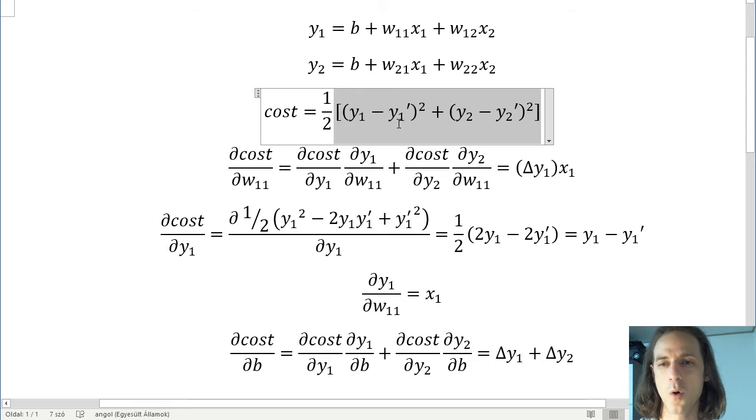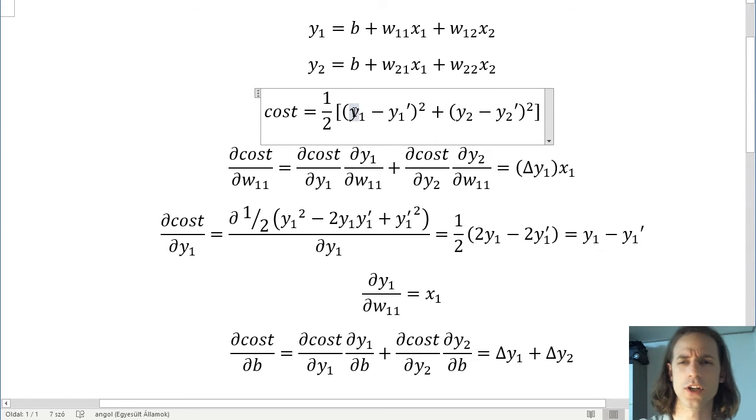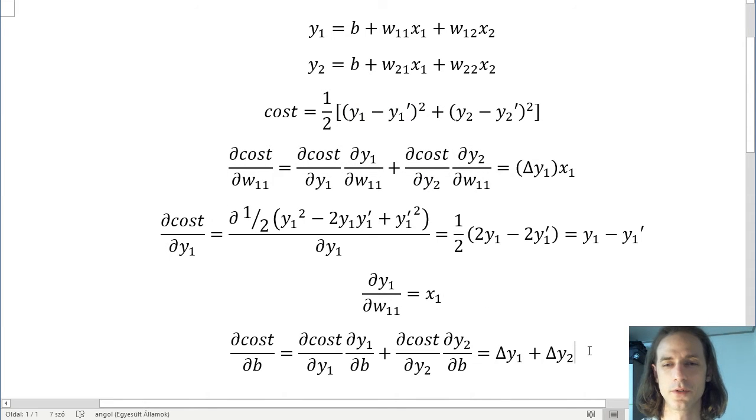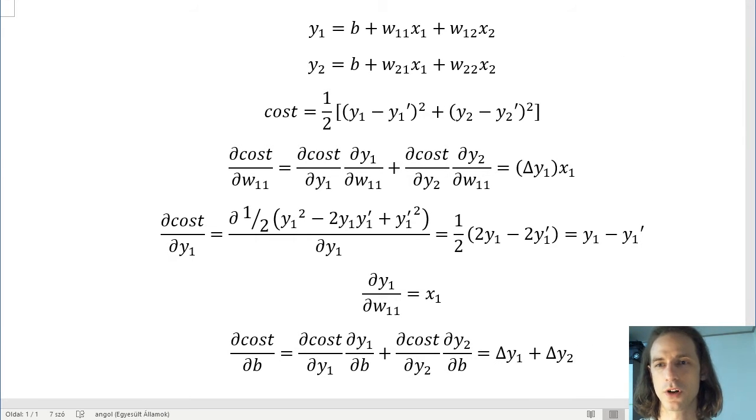And how will it affect this? It changes y1 and y2 by the same amount, so the only thing it will depend on is how this relationship already works out. So this is how you should think about it. It's very intuitive, not going into more mathematical details. But anyways, this was the intuitive picture.